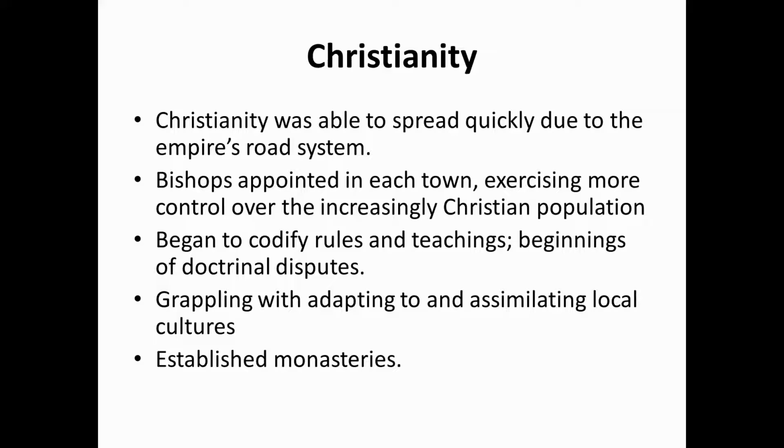At this time, the early church is beginning to kind of decide what it wants to be. What does it mean to be a Christian church? What kind of rules are we going to have? What kind of doctrines? What writings are going to be part of the canon of scriptures? How are we going to teach?